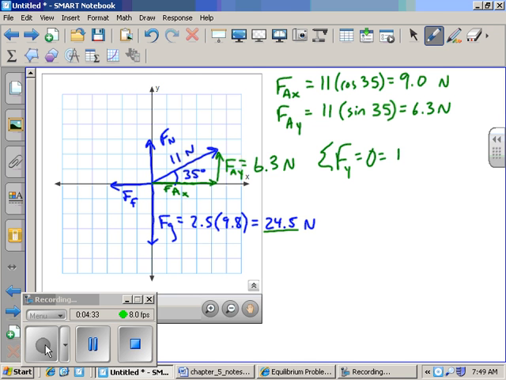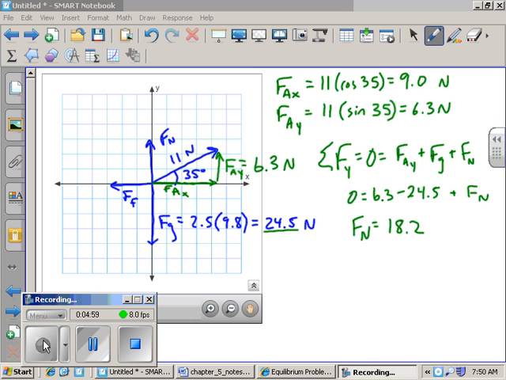That means that Fay plus Fg plus Fn has to be equal to 0. Therefore, 0 equals 6.3 minus 24.5 plus Fn. Fn then is 18.2 newtons. And then we have a balanced system up and down.